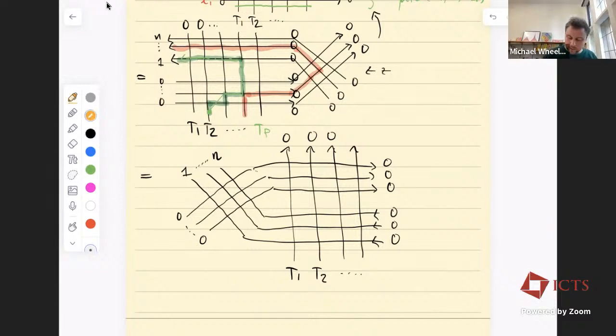So this top half of the lattice actually has only zeros exiting along both the top and along the right, which means actually that everything that enters it will also have to be zeros. So all of these will get forced to be zeros.